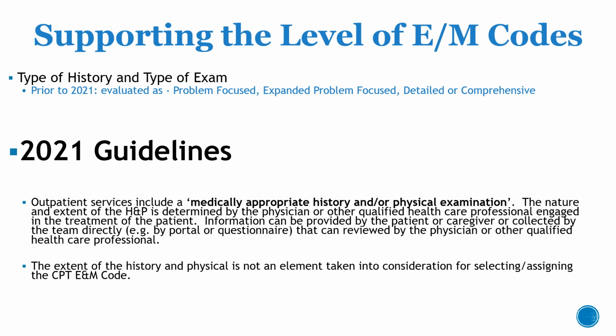Let's talk about documentation and support of the level of evaluation management code that is selected. Prior to the new guidelines coming into play in 2021, providers had to document in the subjective data set. The more they documented, the higher level of CPT code they could select.